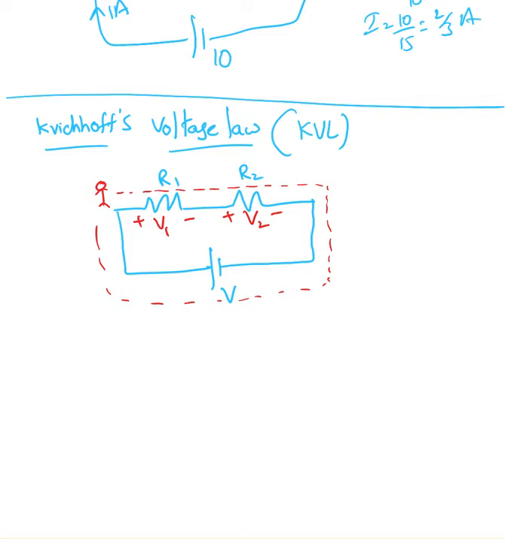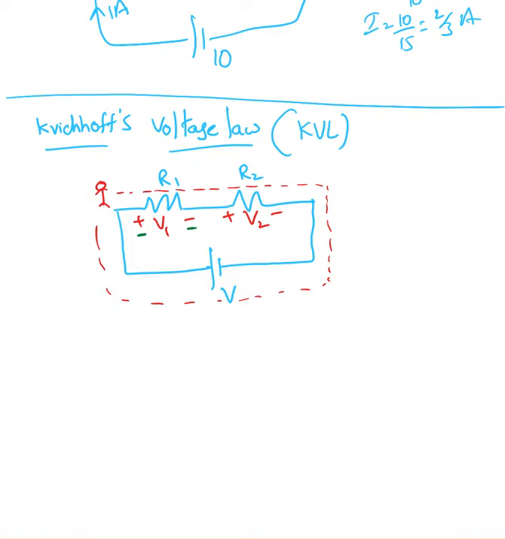Now before that, I labeled these plus or minus. How come? Because a resistor never produces voltage. A resistor consumes energy, or takes the electrical energy and gives you either light energy or heat energy.